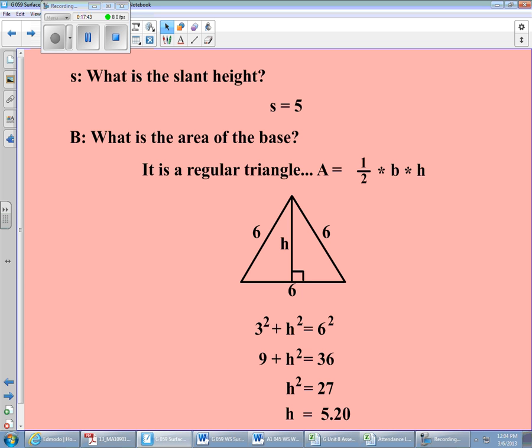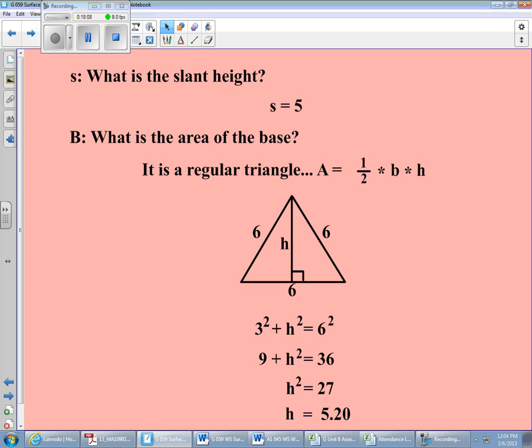Now, that's great, but that's not an answer to anything except for what was the height of our base. We stopped working on the surface area problem because we could not get past the area of the base question. This number, 5.20, was needed in the formula for the area of a triangle.